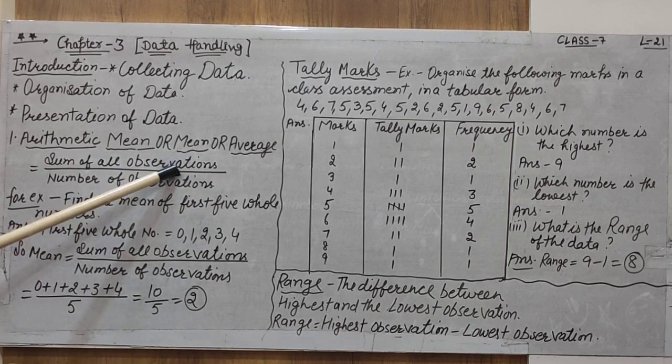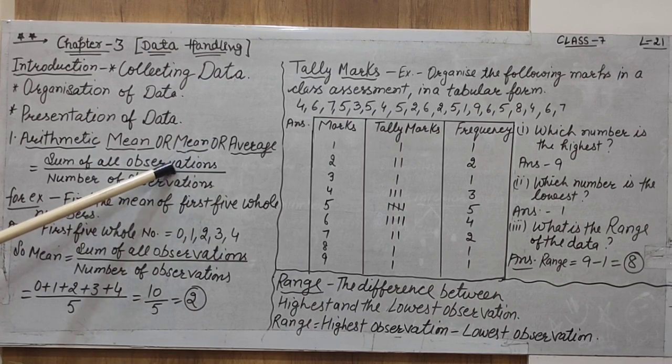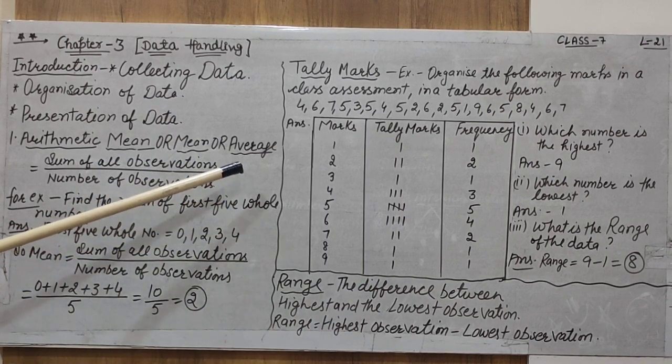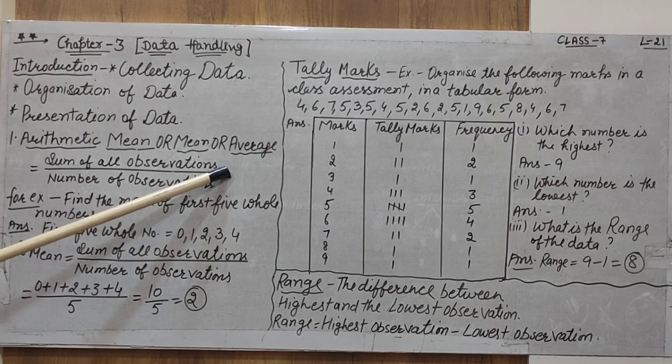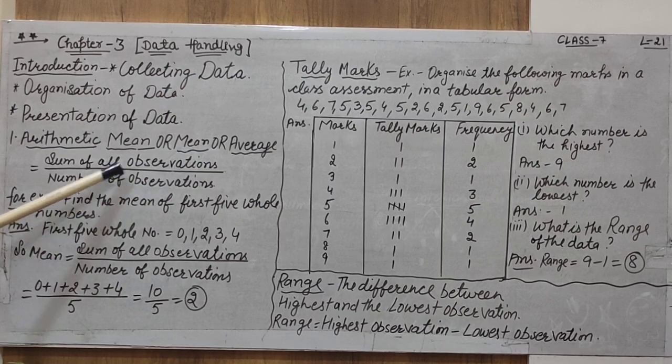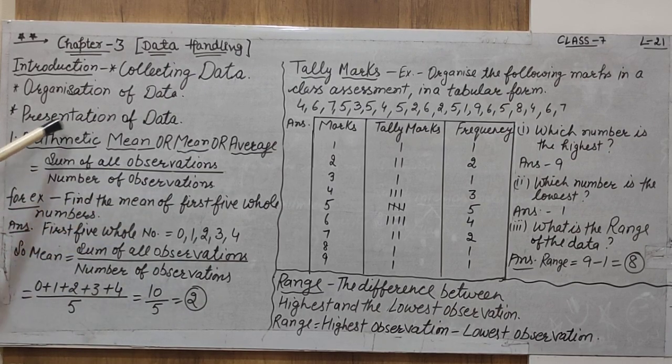Now what kind of observations are given? Observations may be given in the form of money. Observations may be given in the form of students' marks, or the height of students, or the weight of some quantities, or simple numerical numbers, or any form, but the forms must be related.